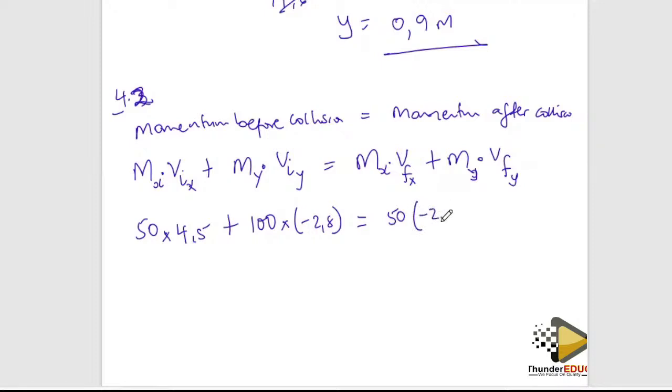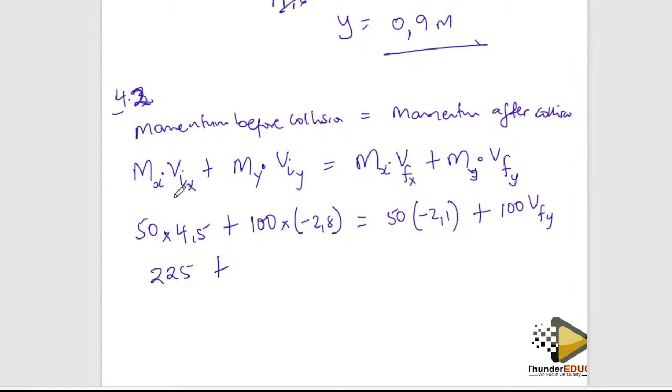Okay, negative 2,1 plus the mass of Y, which is 100, times the final velocity, which must be positive. Okay, so on my left-hand side, I have 50 times 4,5. What do I get? Come on, I'm getting 225.